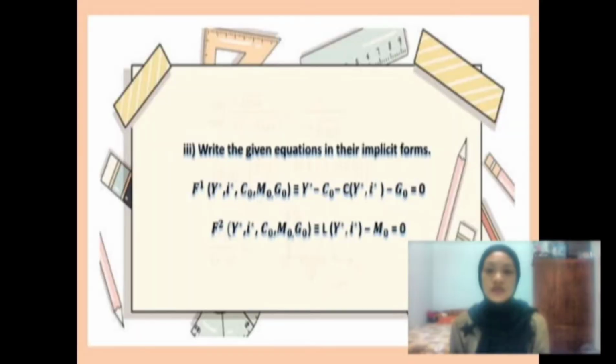Okay, for the third question, write the given equations in their implicit forms. For the first step, we need to label the equations F1 and F2. Since we have no parameters, we only put the endogenous, which are Y star and I star, and for exogenous we put C null, M null and G null.